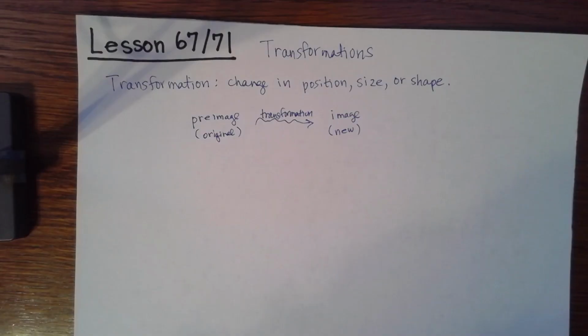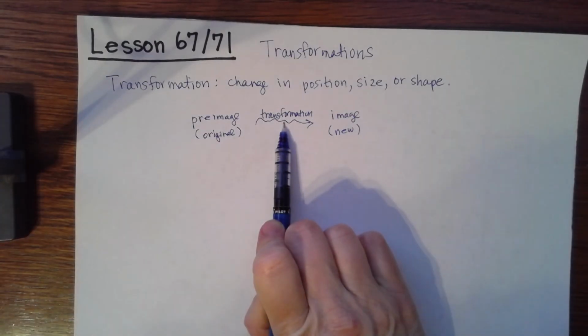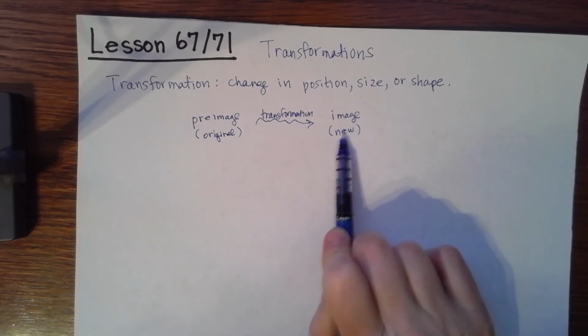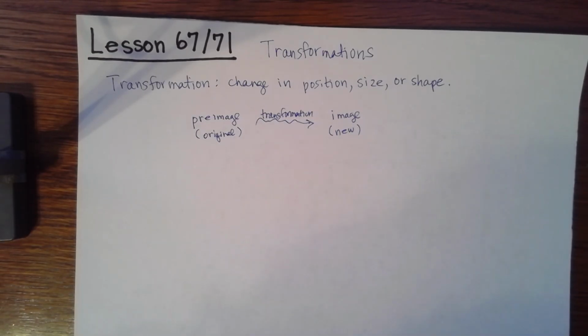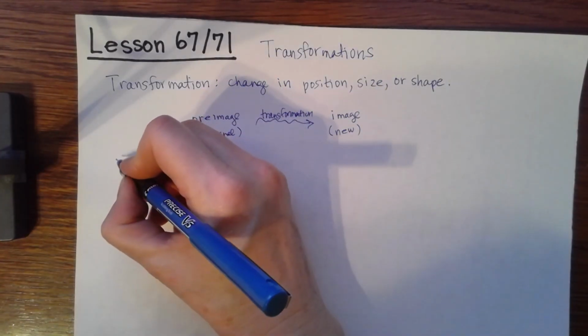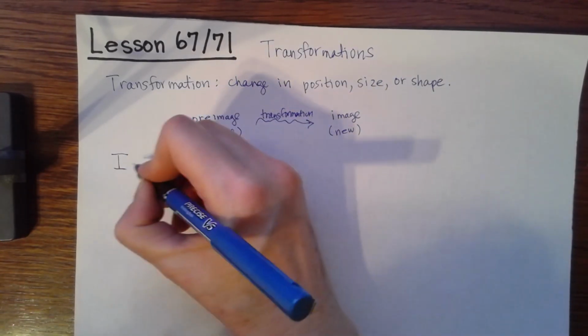Okay, so the class of transformations, the changes that we can make to go from the pre-image original to the new image called the image, that we want to look at in particular today are a class of transformations called isometries.